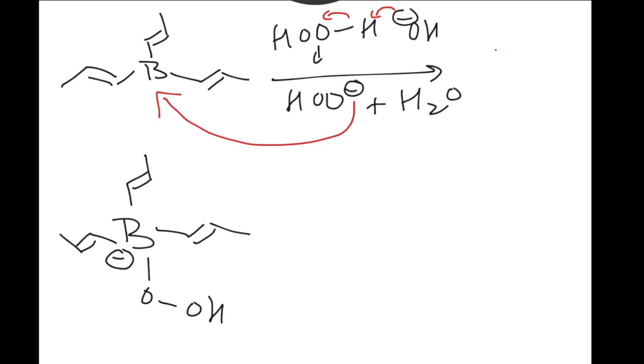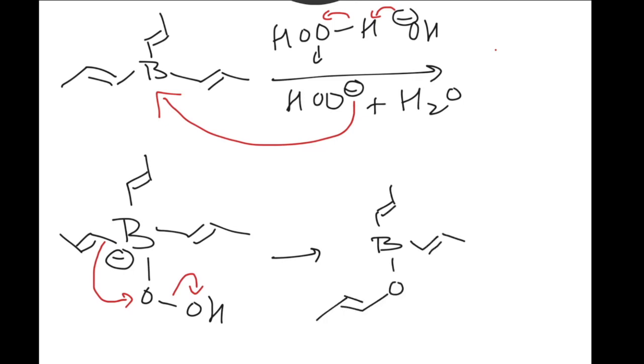So what's going to happen is these electrons are going to push over to the oxygen and push and break the oxygen-oxygen bond because oxygen-oxygen bonds are weak. So that's going to get us to B bonded to carbon, and then O, plus we're going to make hydroxide.